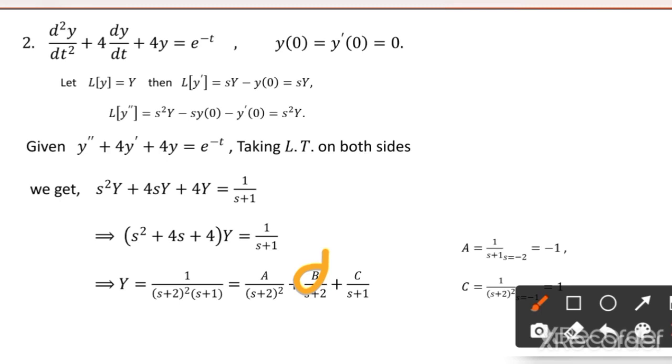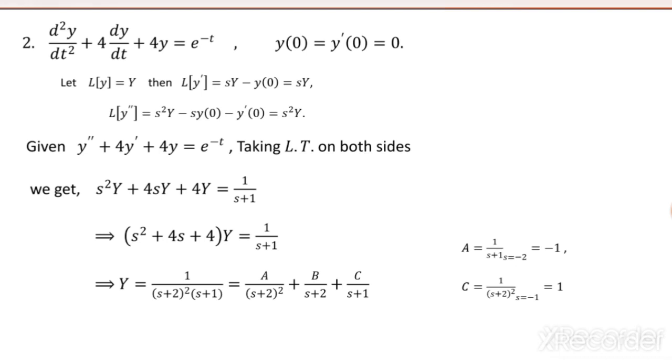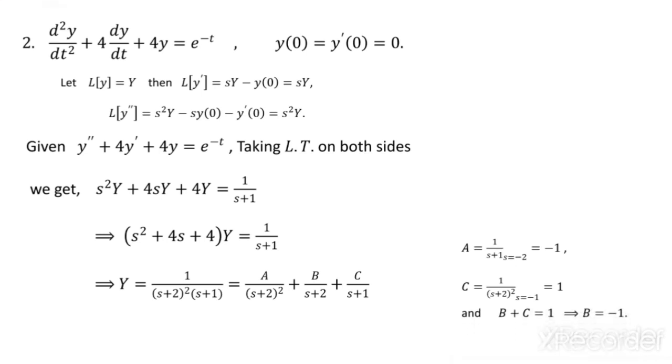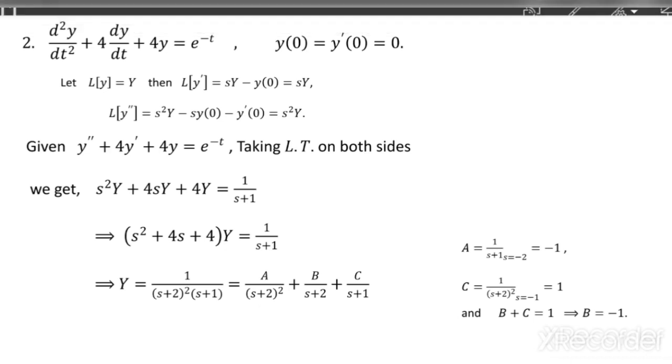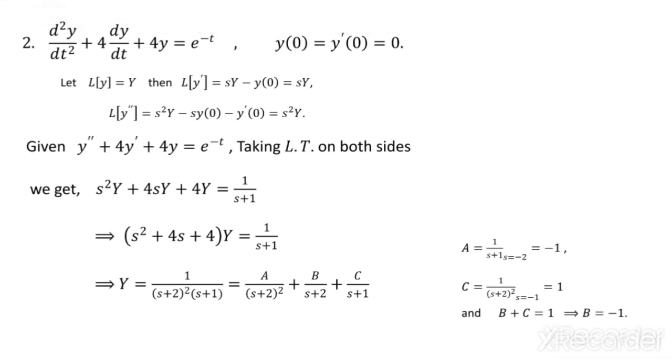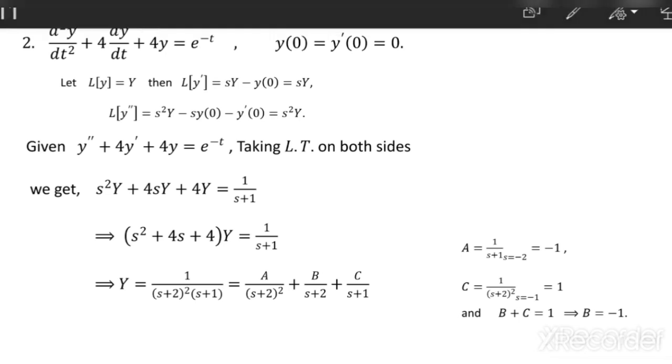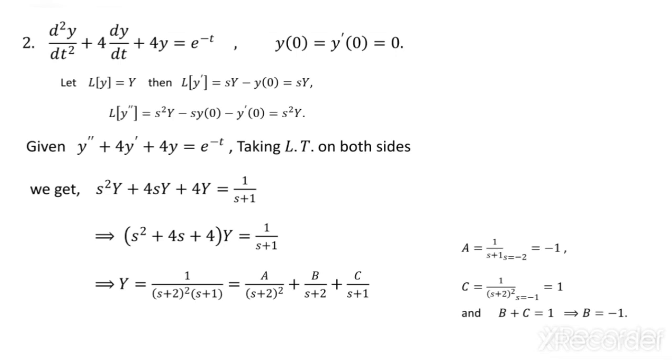So you have to compare the coefficient of s square on both sides. The coefficient of s square is b, and another is c into s plus 2 the whole square, so the coefficient is c. So b plus c, on the left side the coefficient of s square is 1. So b plus c is equal to 1. So b is thereby equal to minus 1. b is minus 1. Substitute.